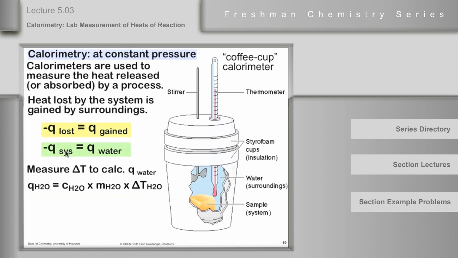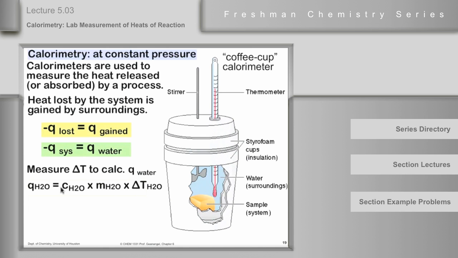When we get a little bit further into this, we'll look at a bomb calorimeter where we have a more precise instrument. But the principle's the same. Minus Q lost equals Q gained, minus Q of the system equals Q of the water. Q of the water equals the specific heat capacity of water, times its mass, times the temperature change.